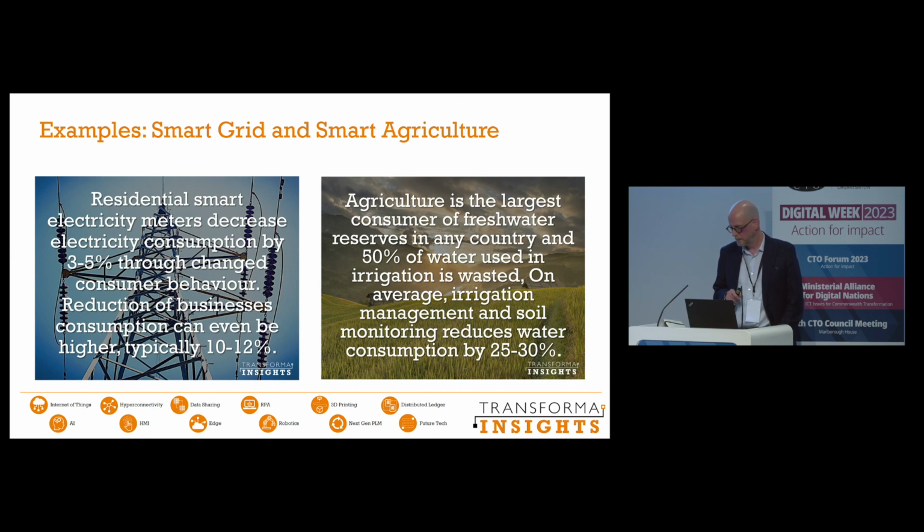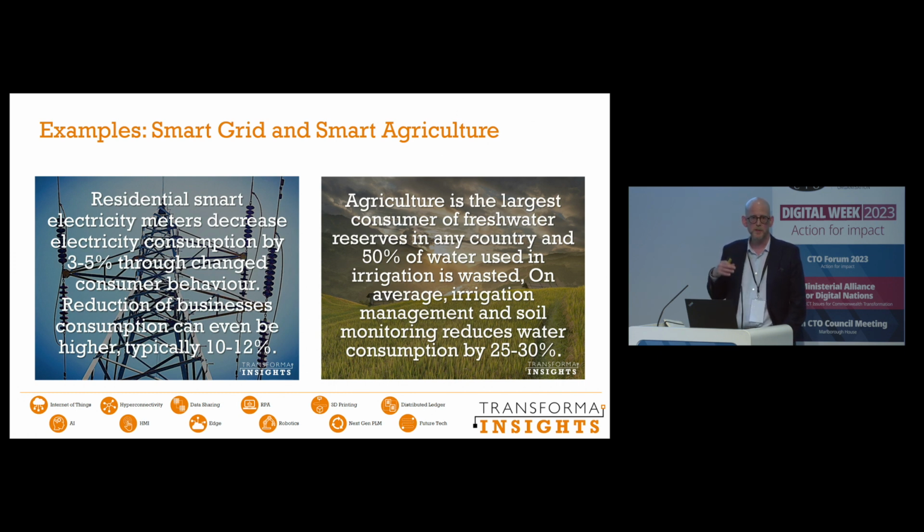And yeah, that's just a few examples across each of those areas of the amount of savings that can be made as a result of making use within a given country of the various opportunities within IoT.